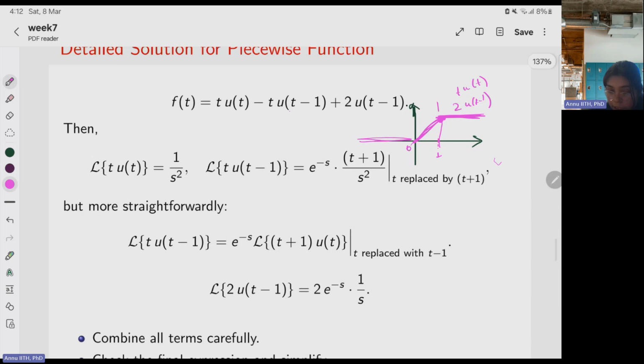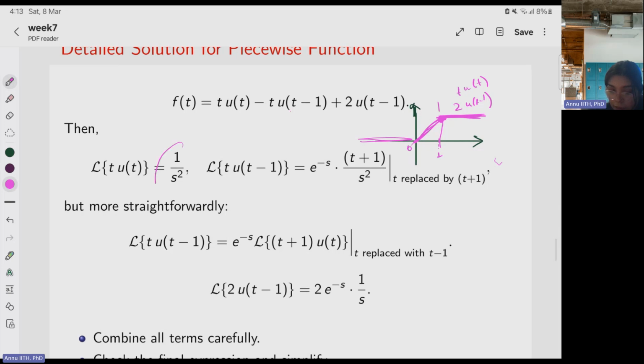And then we know t u(t) has the Laplace transform of 1 upon s squared. Whereas the Laplace transform of t u(t minus 1) has e to the power minus s, which is the time shift property.